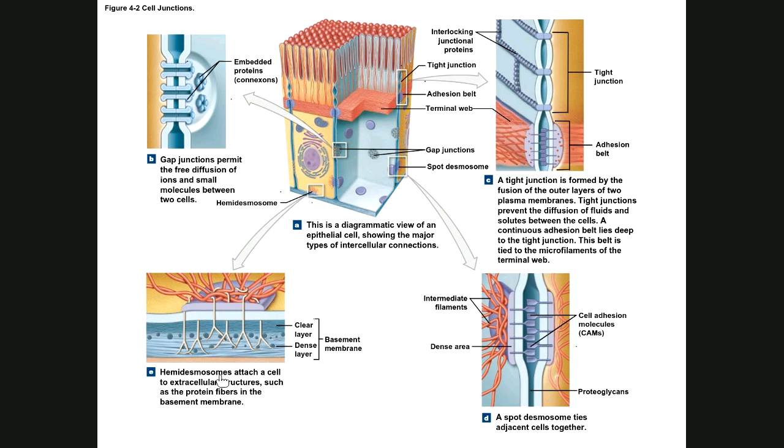Okay? In fact, this is also a good appreciation for the difference between simple, stratified, and pseudostratified. Now, in the case of simple epithelium, you can define a simple type of epithelium as this: all of the cells touch the basement membrane.